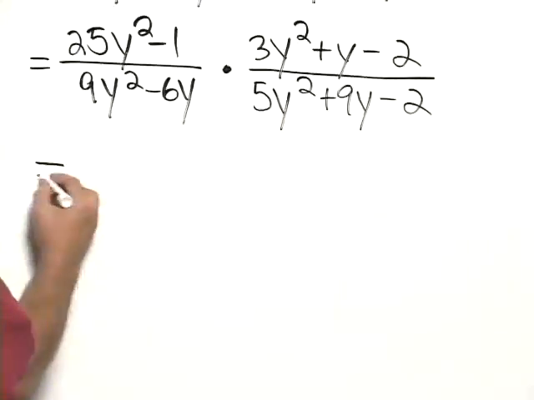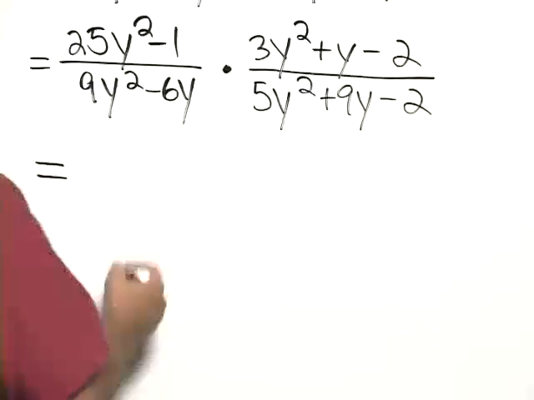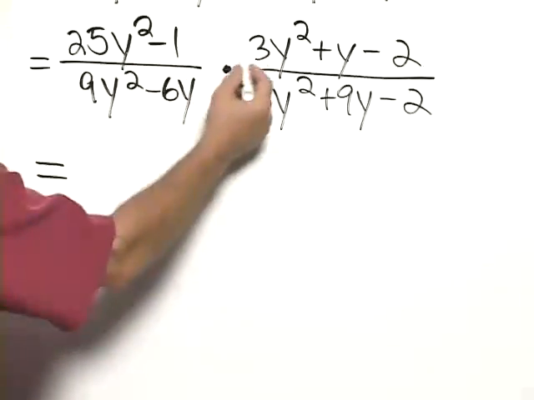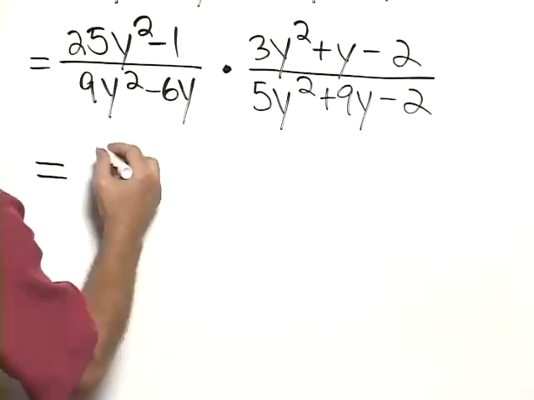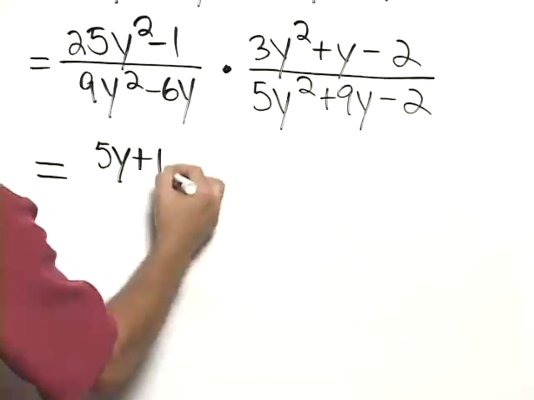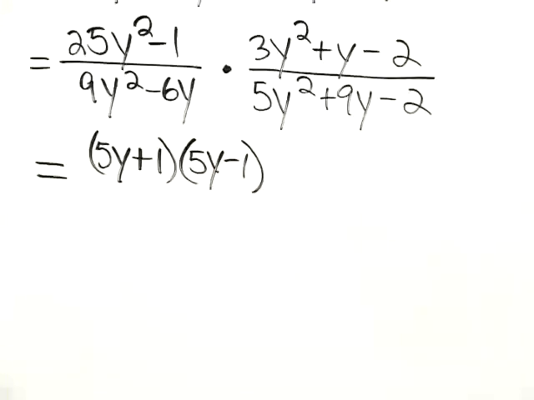However, before we carry out the multiplication, we factor the numerator, we factor the denominator, and then look to remove factors of 1. So, at the same time that I multiply the numerators together, I factor them. So I have (5y plus 1) times (5y minus 1).